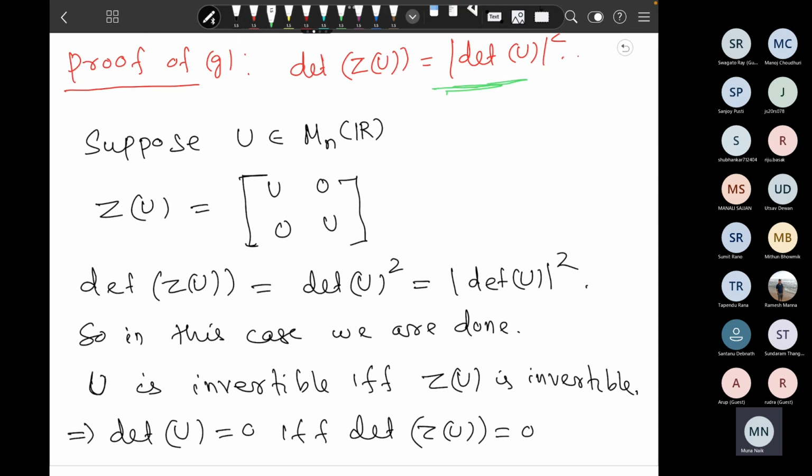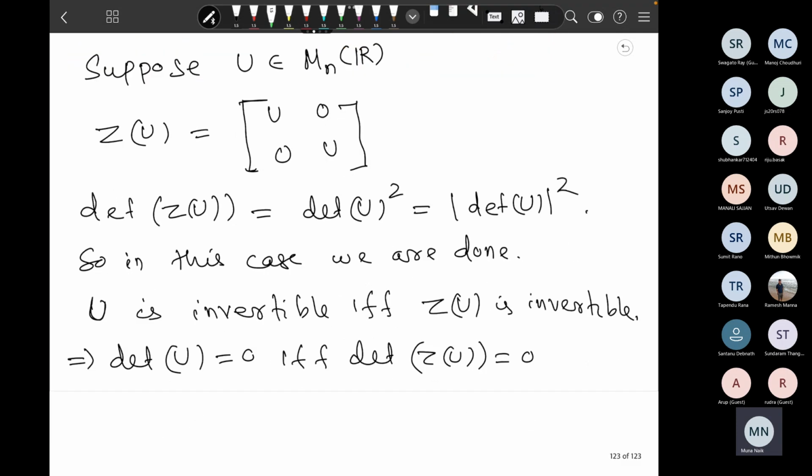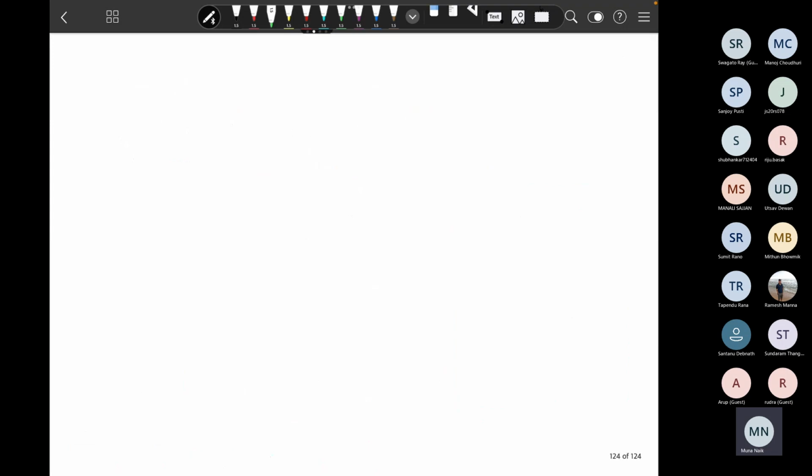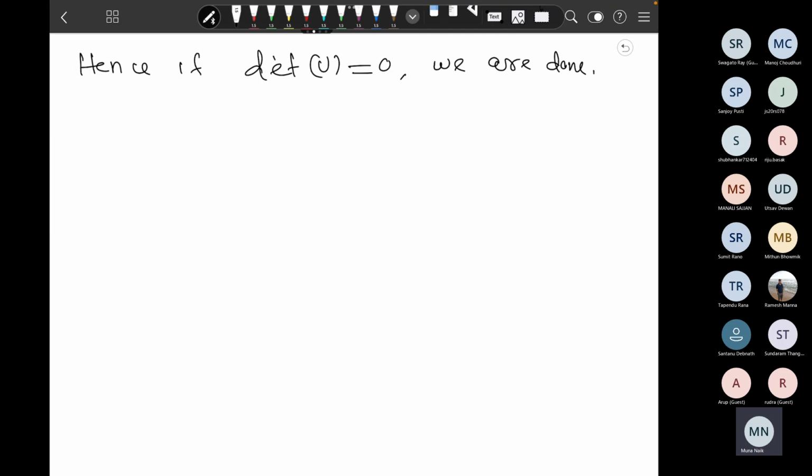Hence if the determinant of U is 0, we are done. So it is true.